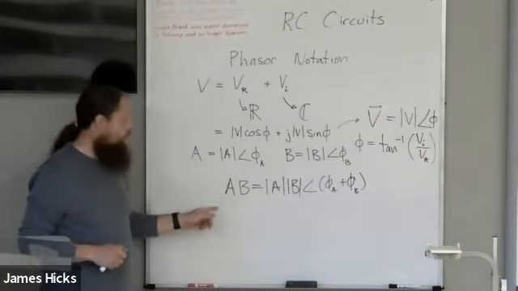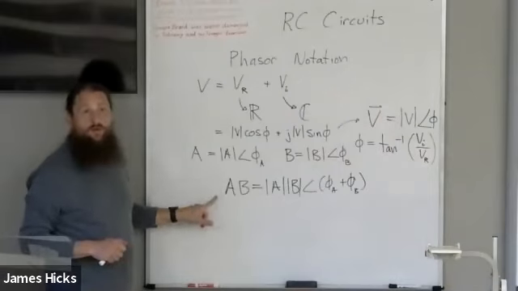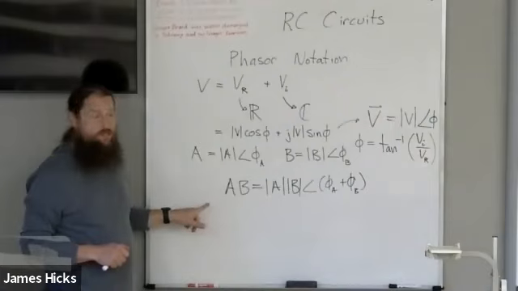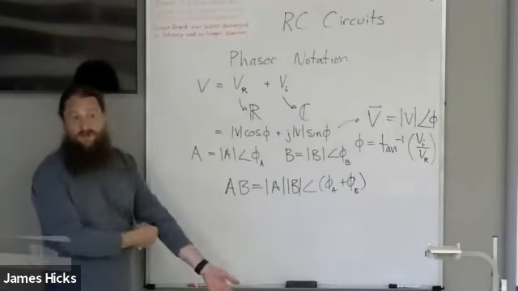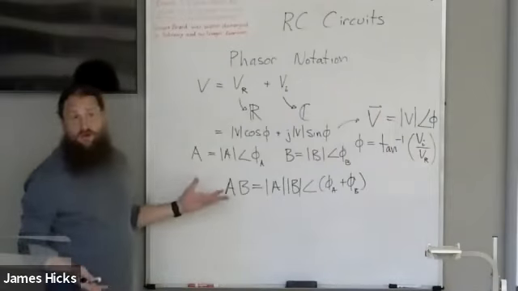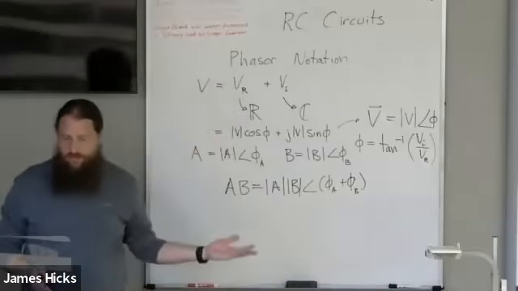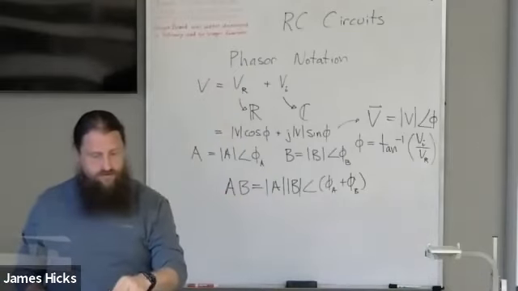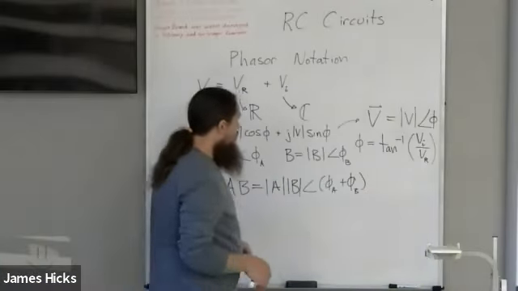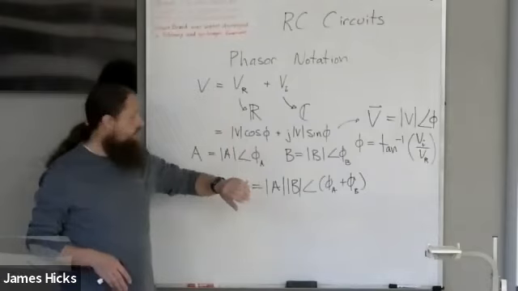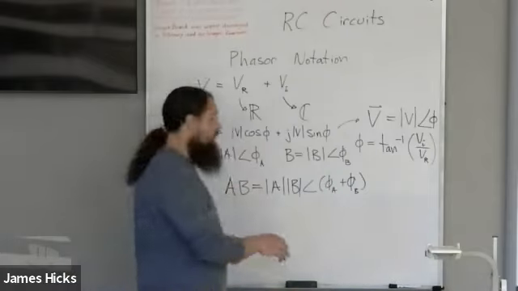This multiplication here is multiplying two complex numbers. It's not vector multiplication. This isn't a dot product or a cross product. I'm not multiplying vectors. I'm multiplying together two complex numbers. The complex numbers kind of behave like this. Okay. Questions on that? Okay.